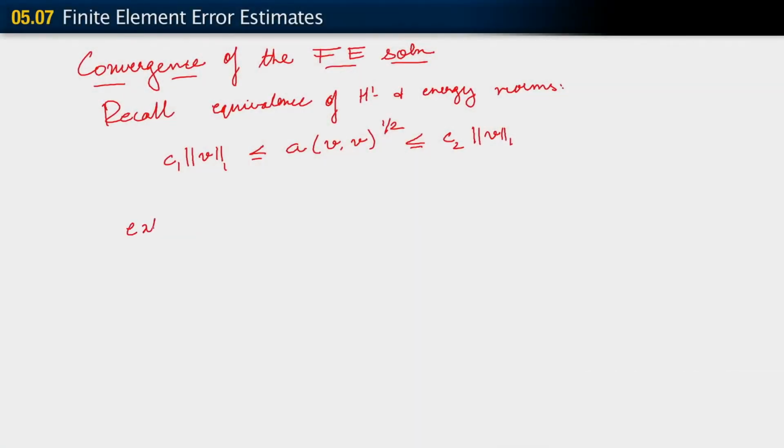So if we look at C1 times the Hn norm of V, it is bounded from above by the energy norm, and that itself can be bounded from above by some other constant multiplying the Hn norm of V. The reasons why this holds are pretty much the same as for the H1 norm. So this is what we're going to use.